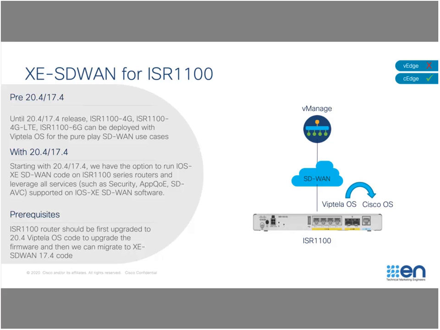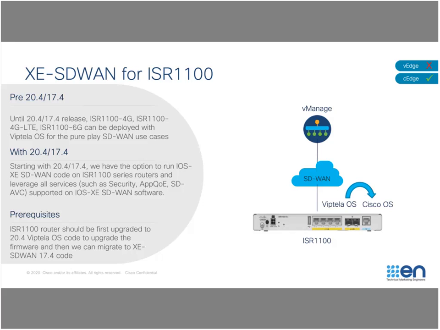They moved to ISR 1100s, and they're running the vEdge software on those 1100s. Well, now you might have some customers that are considering, now that the vEdge, cEdge parity gap has closed quite a bit, and there's quite a bit more features that you can get on ISRs that you can't get on vEdge, how can I migrate from vEdge code to cEdge code, migrate to XE SD-WAN now?